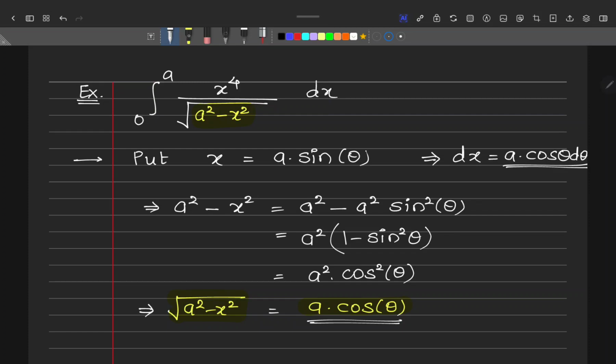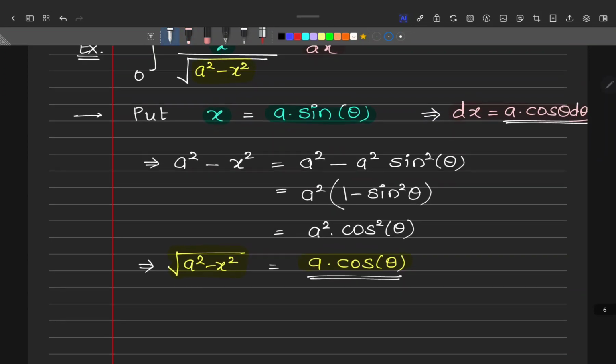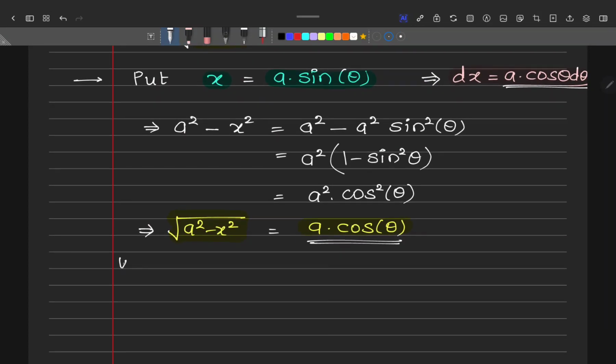Now we got the value of x, we got the value of dx, and we got the value of the denominator. Now the remaining term is the range of integration. So check: when x is equal to 0, sin theta is 0, which implies theta is 0.